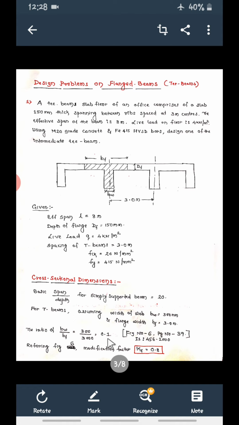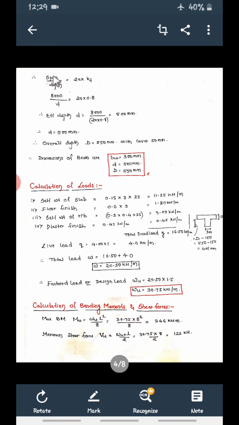For this ratio 0.1, the Kf value is 0.8. Refer to that figure number 6. So for this span by depth ratio, we have to multiply 20 into this Kf. Therefore, the span by depth ratio for this T beam is equal to 20 into Kf.